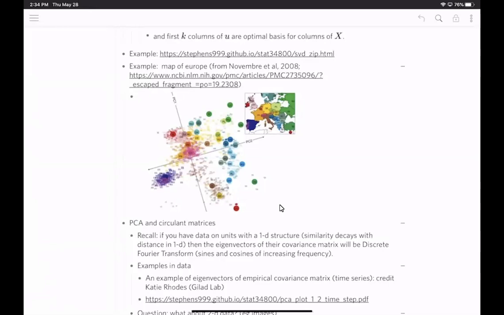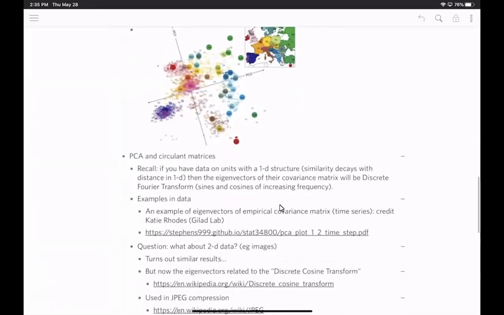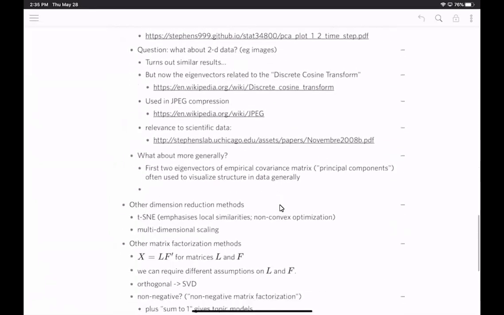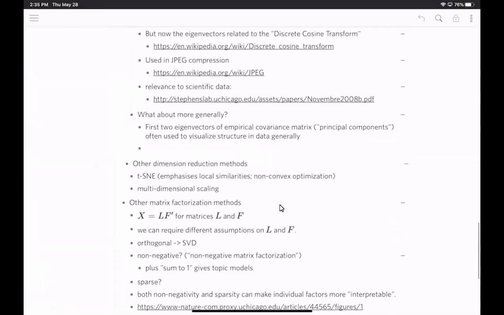If you're interested in clusters, basically, then t-SNE will give you a much nicer cluster-like representation of the data in 2 dimensions than PCA will. Okay, so this is just to say that there are other dimension reduction techniques that have this idea of trying to represent data in a low dimensional space such that distances are preserved.